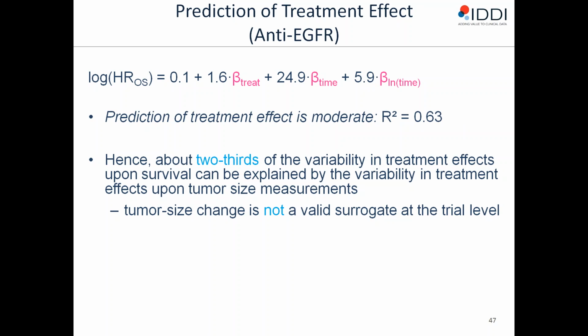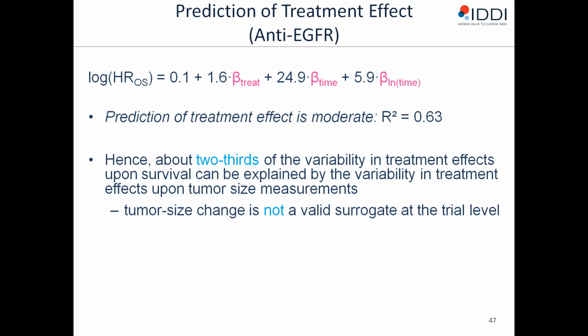So one could say perhaps here there is some hope, but this is still not strong enough to have a very good surrogate. Of course, the precision of the prediction might be higher than in the previous cases which I have just shown, but I would say this R-squared should be much closer to 1 in order to say that we have a reasonable surrogate for the overall survival.